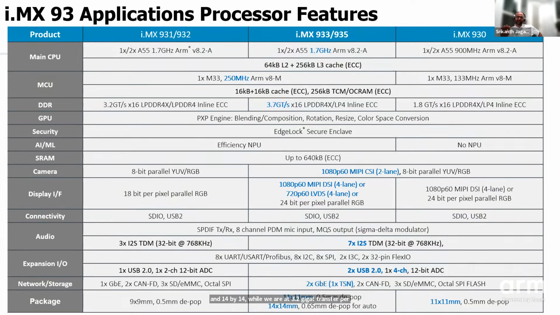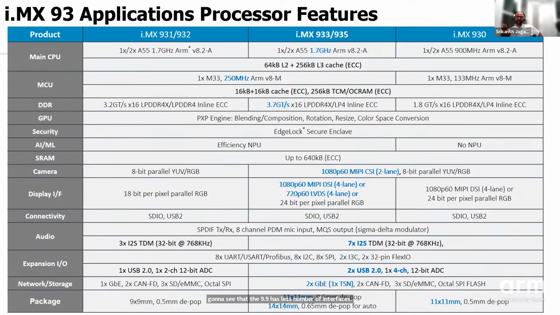So from the other feature sets, such as the graphical processing, the security, and the Ethos-U65, they're all implemented on all the packages. When it comes to the interfaces, you're going to see that the 9x9 has fewer interfaces.